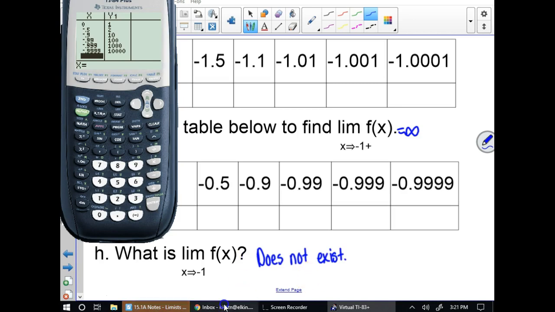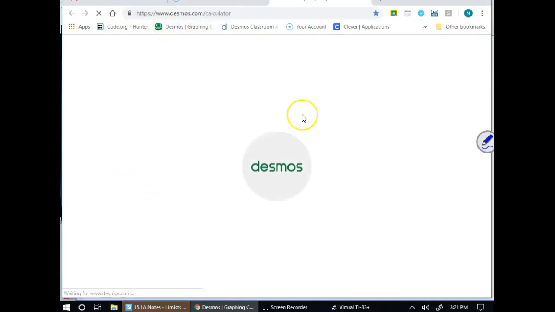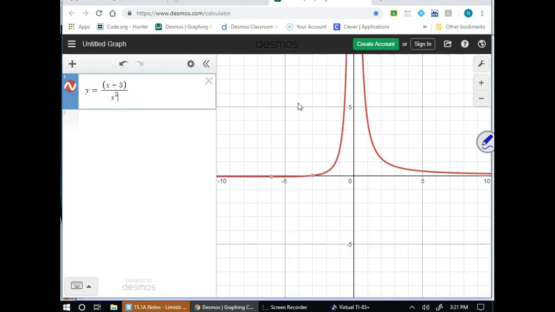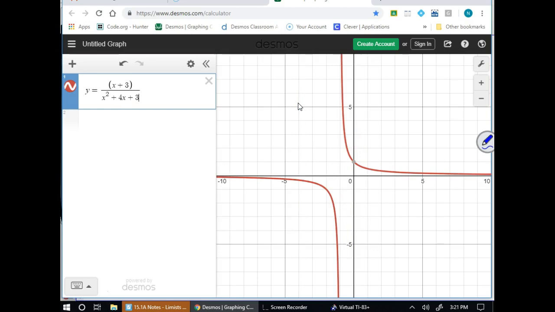Okay. If we open up Desmos real quick and graph this, y equals x plus 3 over x squared plus 4x plus 3.